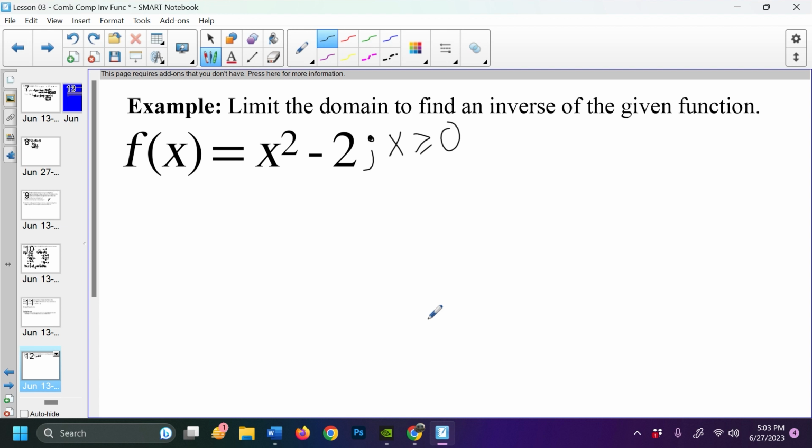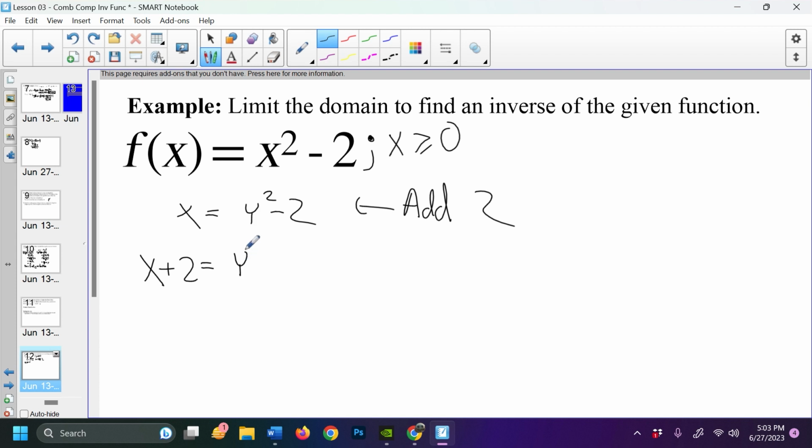And then what we will do is we will rewrite this by switching our x and y, just like we said in the last slide. So I have x is equal to y squared minus 2. And then I will solve for y. So the first thing I'll do is I will add 2 to both sides. That'll give me x plus 2 is equal to y squared.